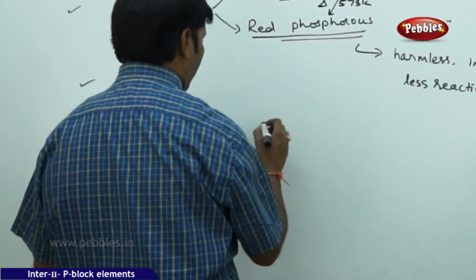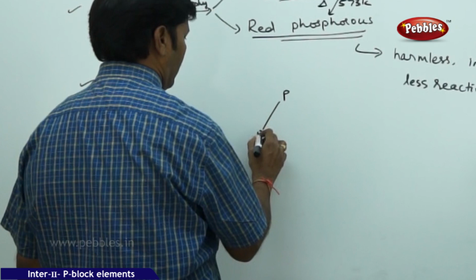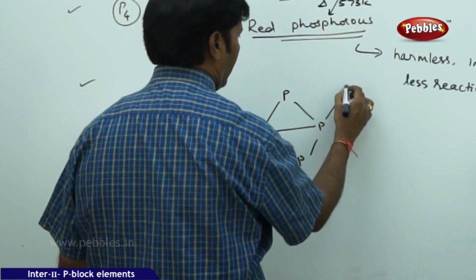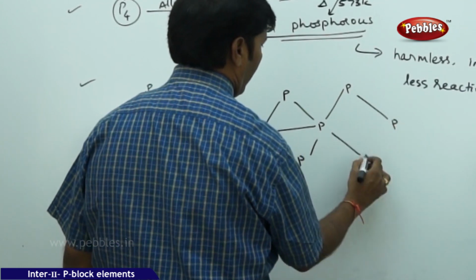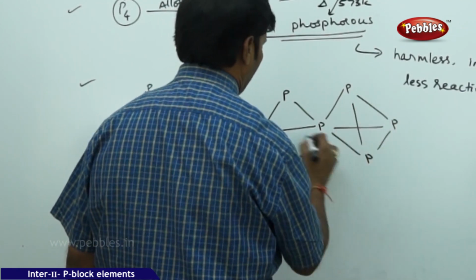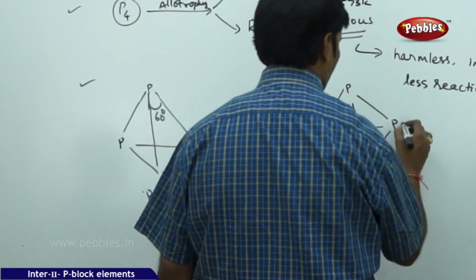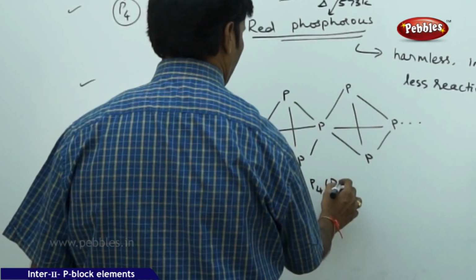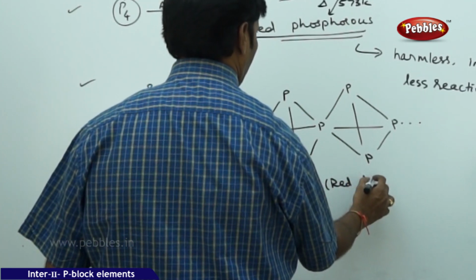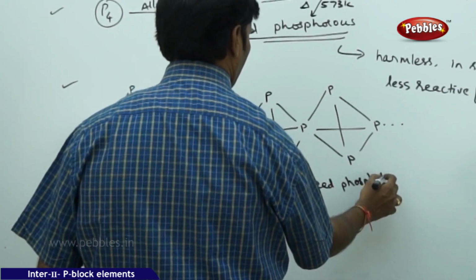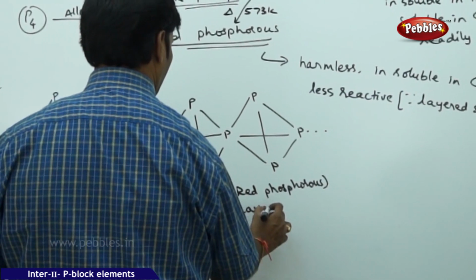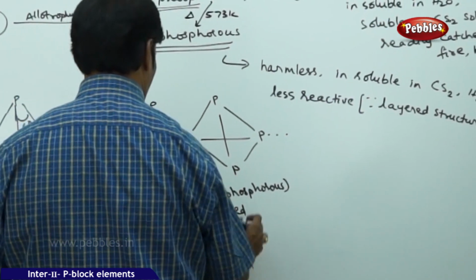And if you go for red phosphorus, it has a layered structure like this, a polymeric layered structure, and so on. This is red phosphorus. It has a layered structure.